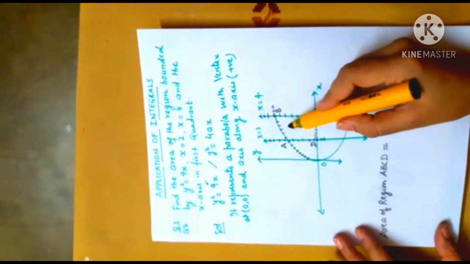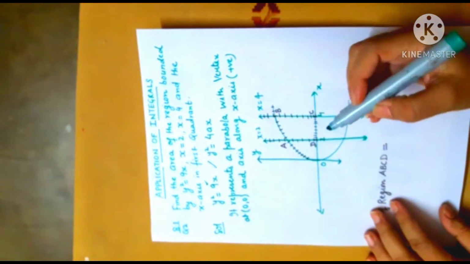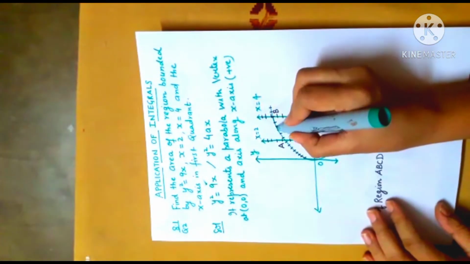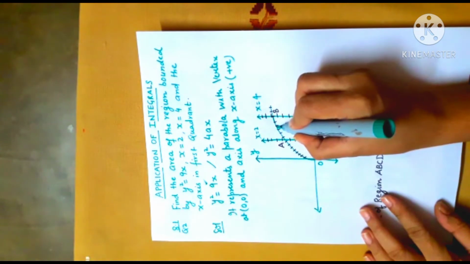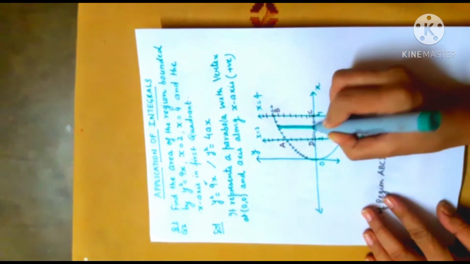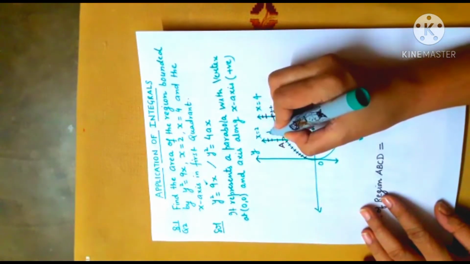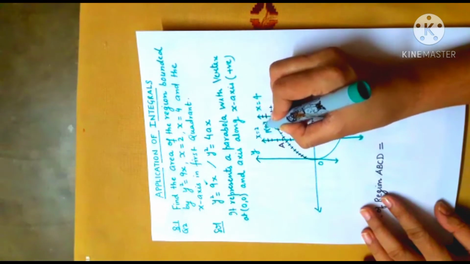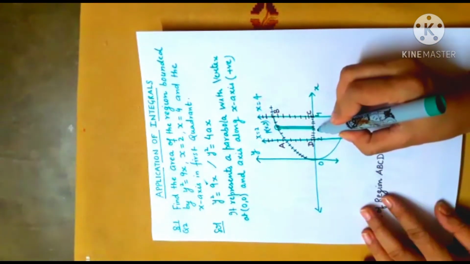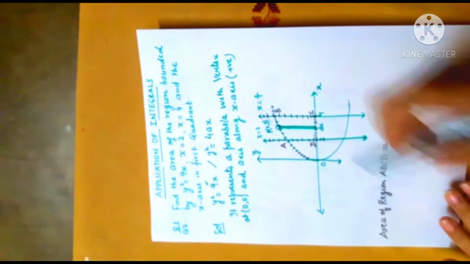So in order to compute the area of the region ABCD, I'll consider a thin vertical strip here, right? Let this point be P(x, y), and let the width of the strip be dx.